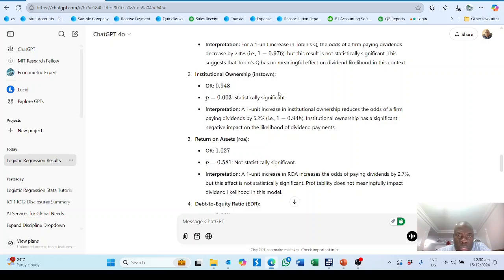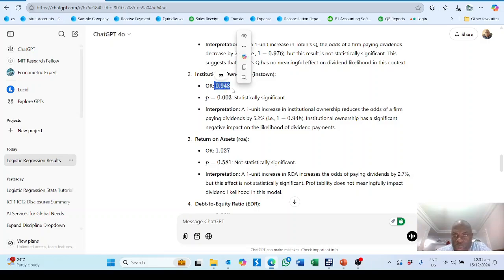For institutional ownership, the odds ratio is 0.948, with a p-value that is significant at 1%. So the interpretation is that a 1 unit increase in institutional ownership reduces the odds of a firm paying dividends by 5.2%, which is derived from 1 minus 0.948.